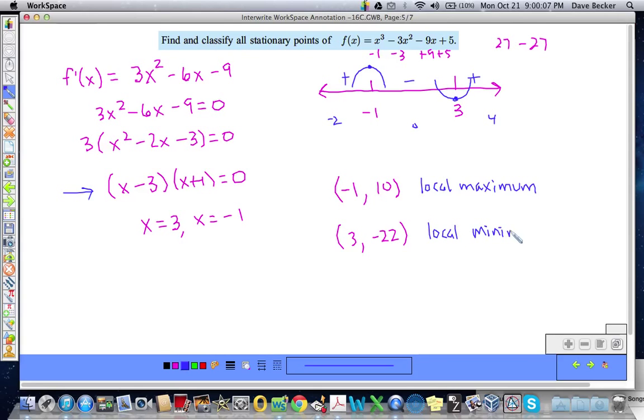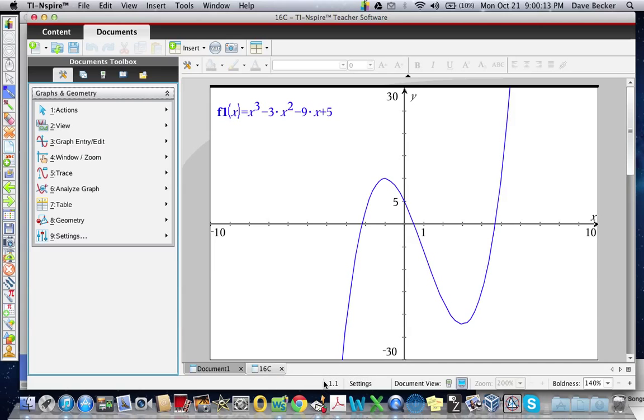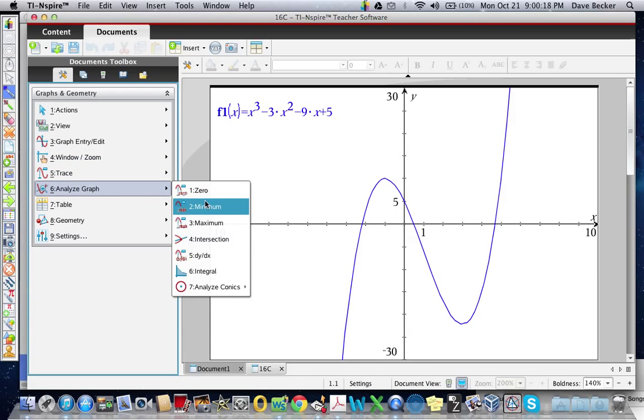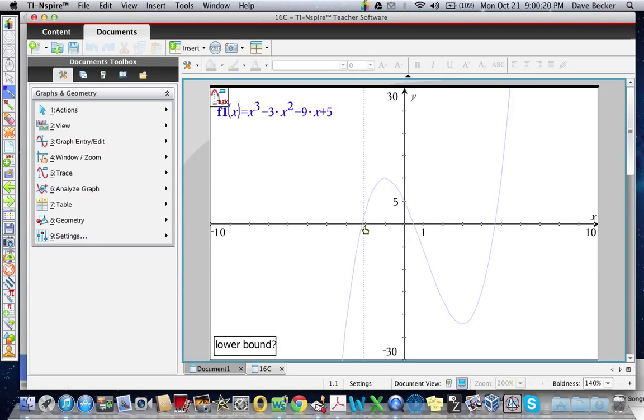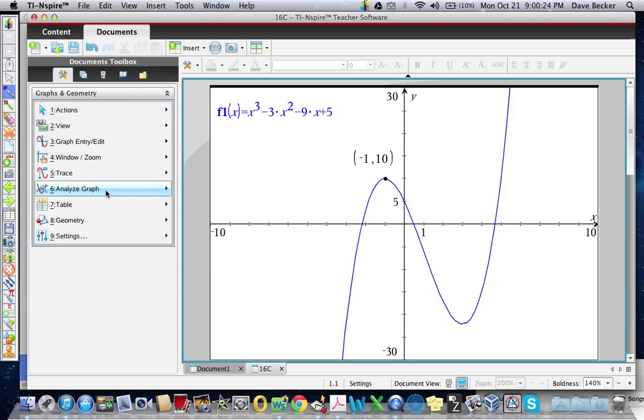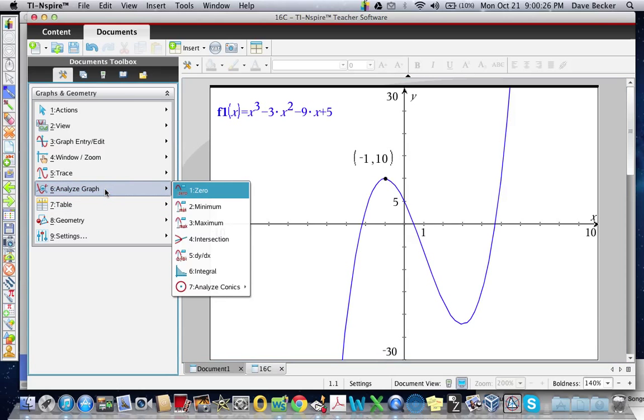Okay, and just to prove it to you, I mean, we've answered the question now, but you know I have it graphed. I'm going to analyze the graph. I'm going to find the maximum here, and it does indeed occur at (-1, 10), so my arithmetic was pretty good.